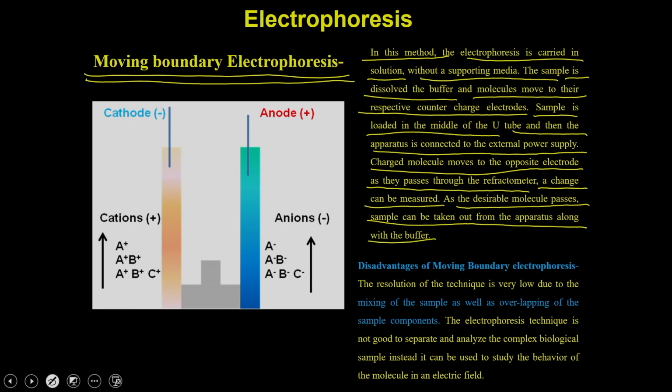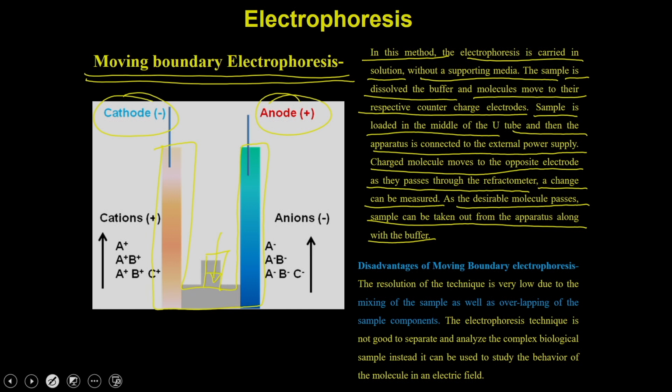So, in moving boundary electrophoresis, they made a U-shaped tube, and in this U-shaped tube they put the cathode on one side and the anode on the other side, and this is connected through a sample loading chamber.